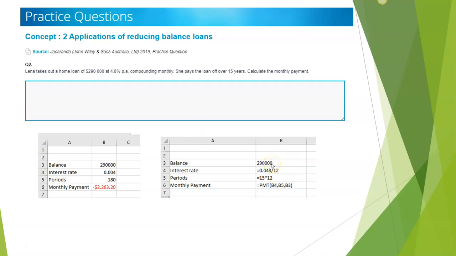Here's my opening balance of $290,000. Here's my interest rate of 4.8% per annum compounding monthly by dividing by 12. Here's my number of periods, 15 years, 12 months per year. And here's my formula, and it has worked out that I need to pay $2,263.20 for my monthly payment.